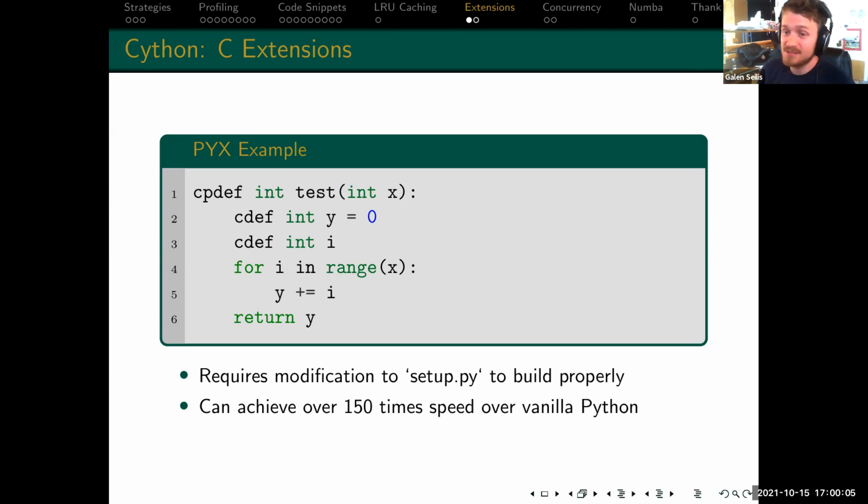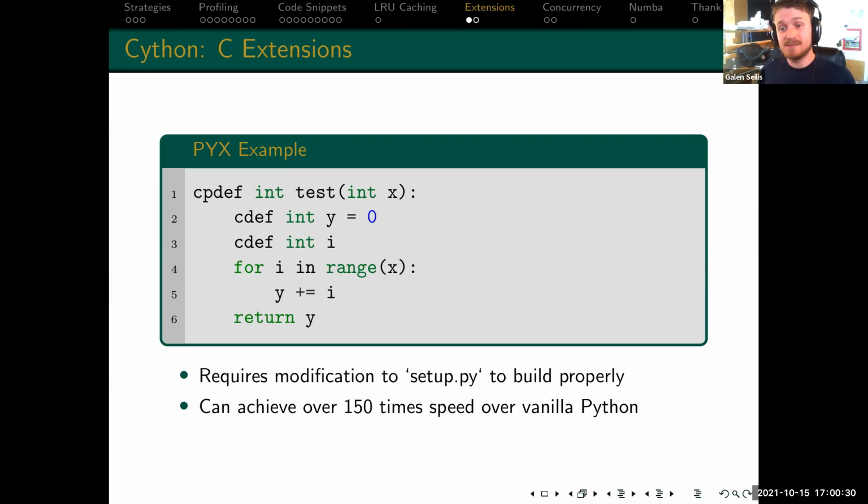And the declarations of types and such are different. So at the beginning of this function test, we use cpdef. And cpdef is a way of defining the function that will be available in both the underlying C code and in your Python code later, so that it can exist in the Python namespace. cdef alone is for the C part of it only, the C compiler.